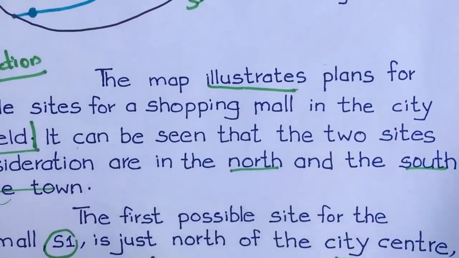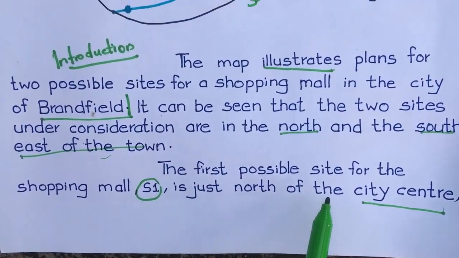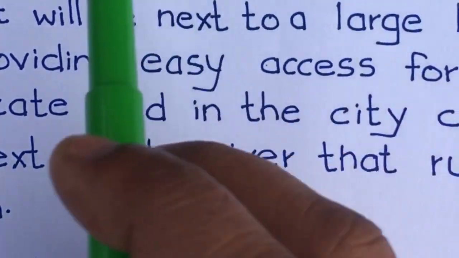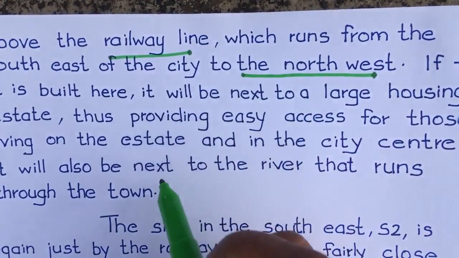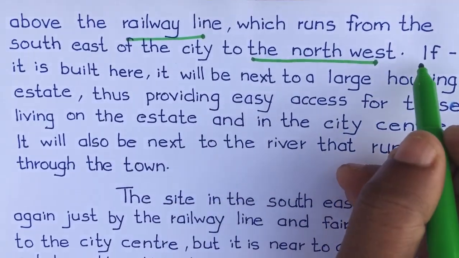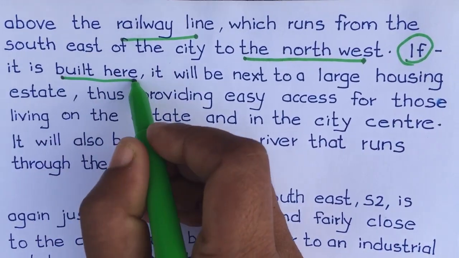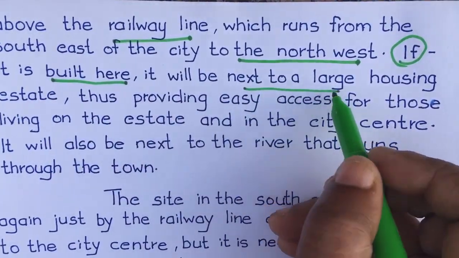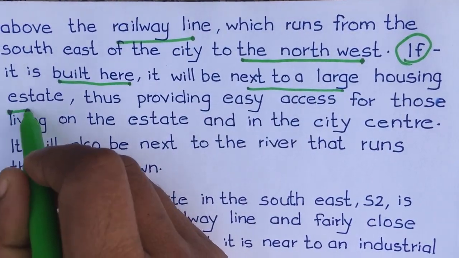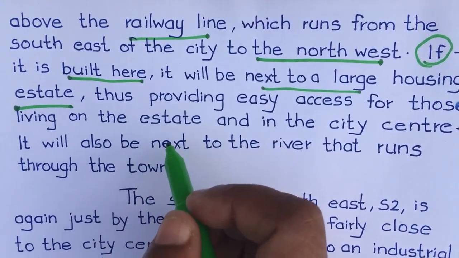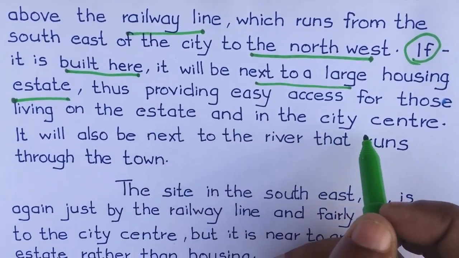I'll read once again. The first possible site for the shopping mall, S1, is just north of the city center, above the railway line which runs from the southeast of the city to the northwest. If it is built here, it will be next to a large housing estate, thus providing easy access for those living on the estate and in the city center.